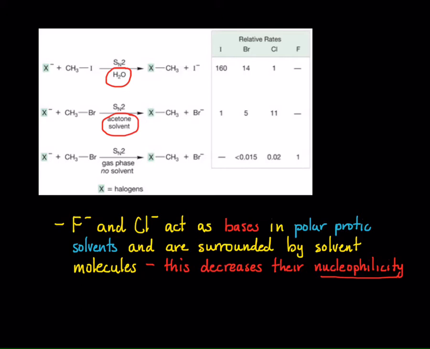But in general, for SN2, we want a polar aprotic solvent like acetone, THF, acetonitrile, DMSO, DMF. If we refer back to our table of polar aprotic solvents, these are solvents that we like to use for SN2.